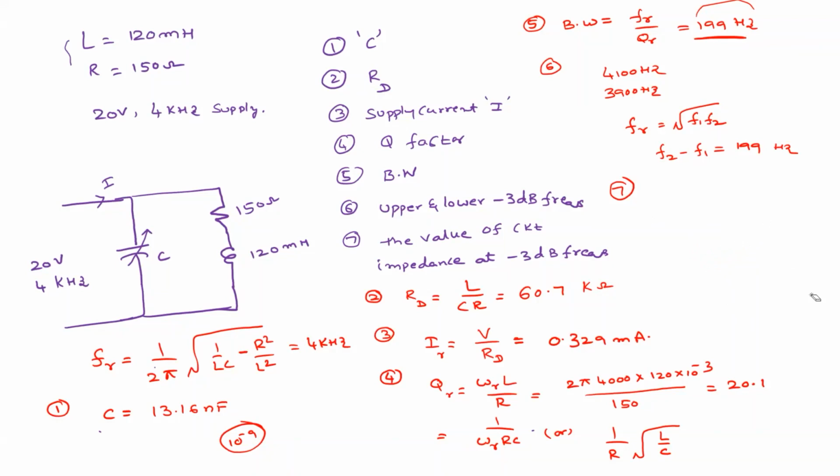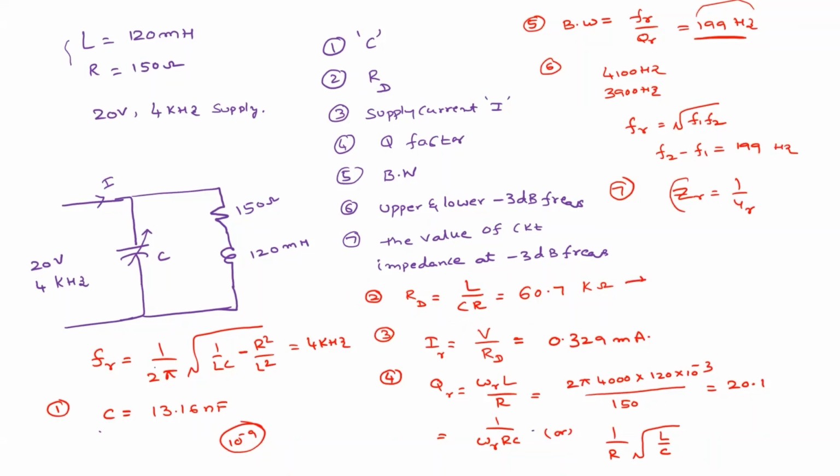So the impedance of the circuit ZR, what is it? 1 upon YR. So what is this 1 upon YR? What is the impedance ZR? RD. So this is the impedance of the circuit, right?